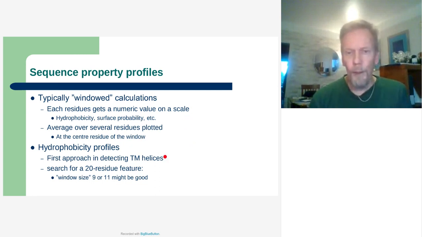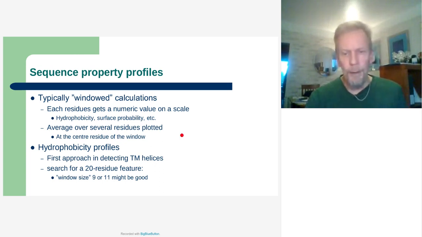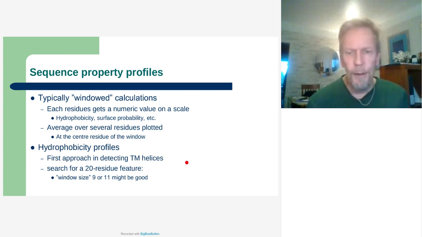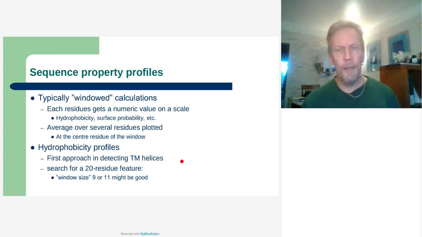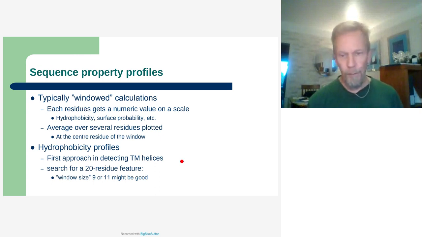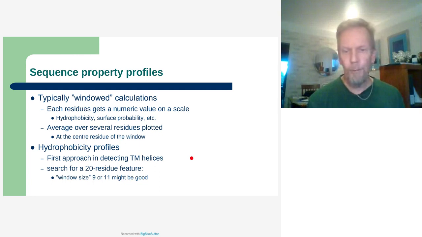But anyway, we'll look at an example of hydrophobicity profiles, and this would be your first approach in finding signal peptides and glycosyl phosphoinositol anchors, which are also of hydrophobic character, but they are at the end, in the C terminus of the sequence.